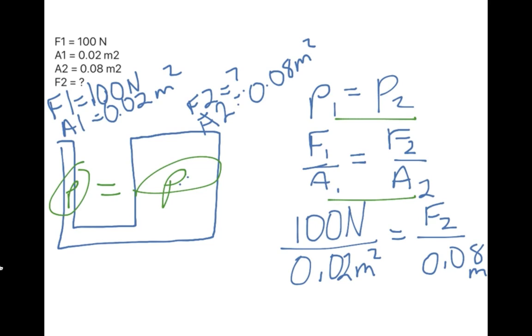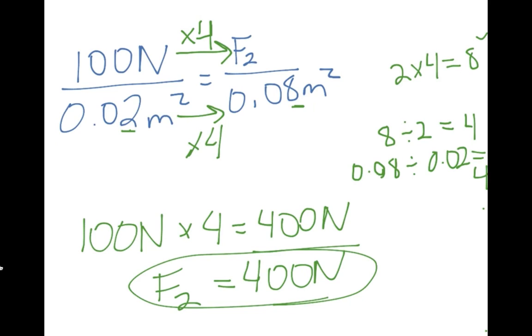I just substituted in the formula for pressure, which is force divided by area. Then I was able to get to my equal fractions where I can cross multiply or do my equivalent fraction work, which led me to find that the force is 400 newtons because we are multiplying by 4. That is how we get our equal fraction.